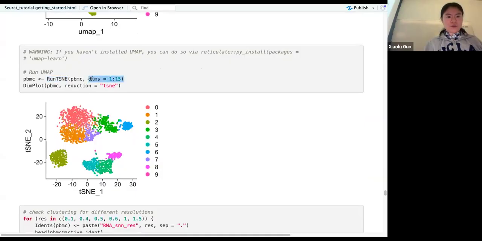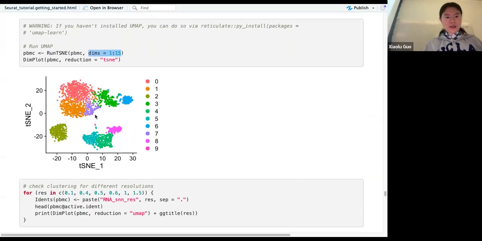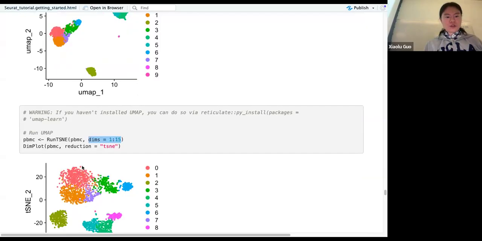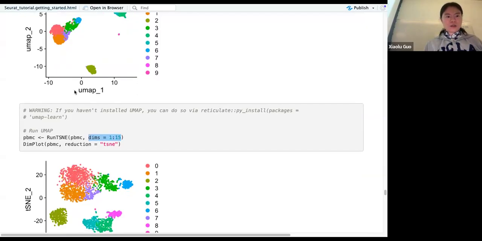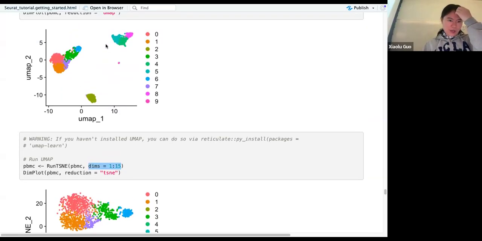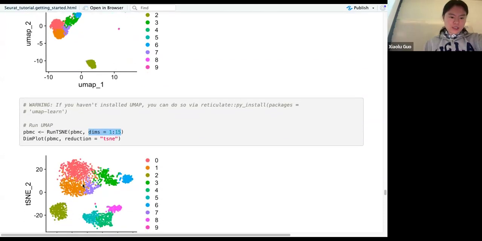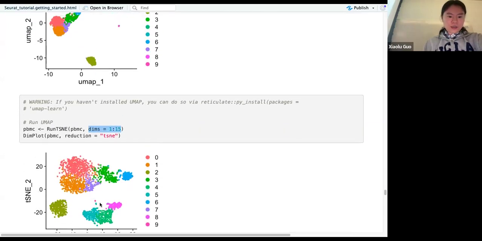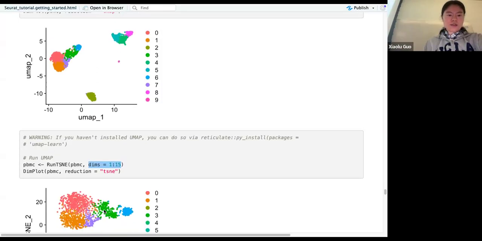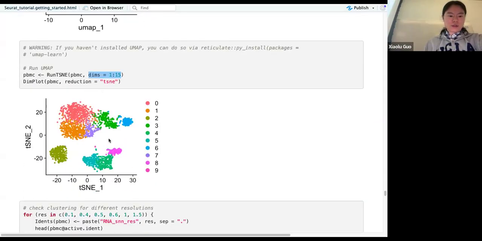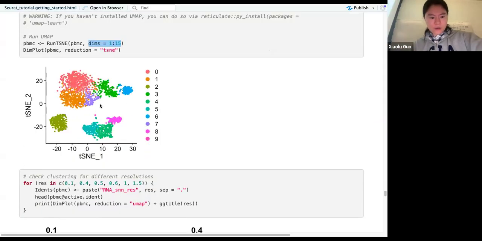We also need to focus on the first 15 dimensions, similar to UMAP. And here is how it looks. It's more distributed compared to UMAP, and UMAP in this default setting has more separation. This is a clearer view.